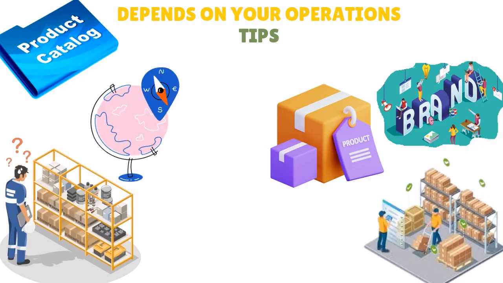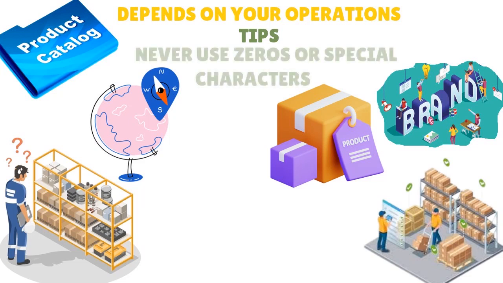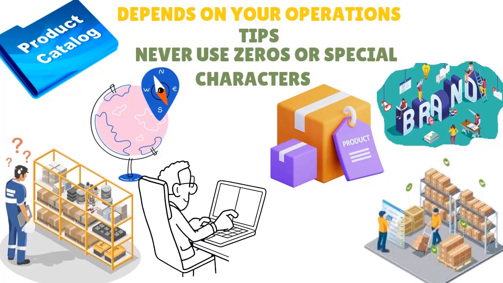Now, the second thing you want to do, besides keeping things consistent, is to never use zeros or special characters. Zeros are cool for other, let's say, tech products, but when it comes to SKUs, zeros will confuse the system, and they will confuse your partners too. Zeros can be skipped by some retail software or mistaken by employees for the letter O, causing confusion when inputting SKUs, right?